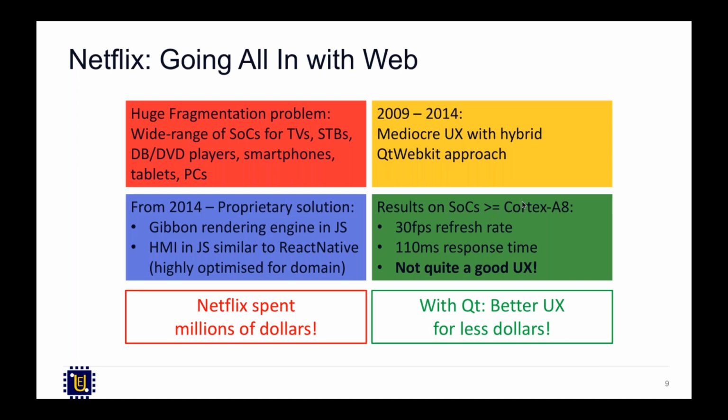So they spent a lot of time and money, and the point here is, you can achieve the same thing with Qt for less dollars. So why invest such a lot of effort if you can do the same thing with less effort?